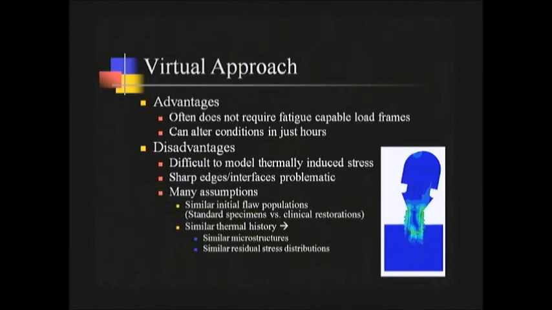And then also similarly, are you going to process them in a way that gives a similar thermal history and results in the same microstructure as you will have in the clinical case? Or will your standard geometry specimen be thicker, be larger than a dental crown material, and therefore have a slower heating and cooling rate and develop a different microstructure and different properties?